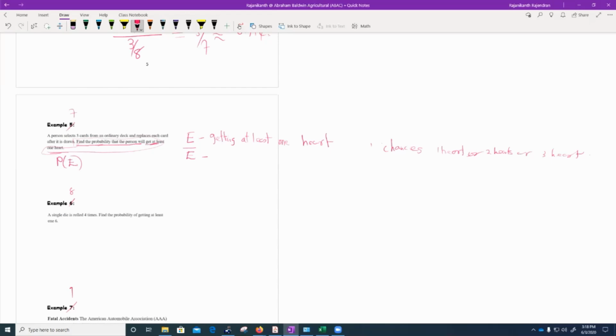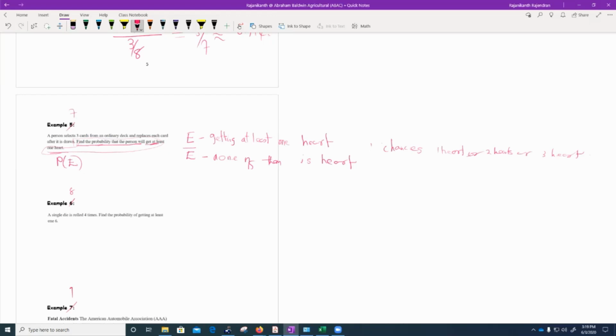So now, what is the complement of at least one? None of them, right? The negation of getting at least one means the outside of these outcomes. So that is none of them, that means zero hearts. So the negation of at least one is going to be none of them.